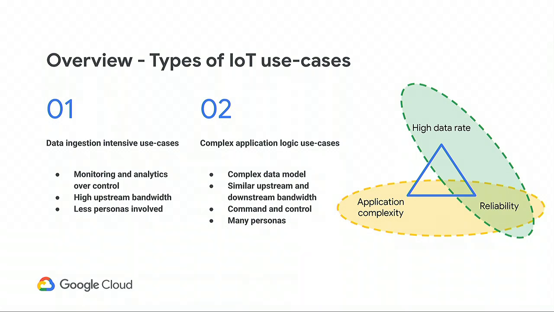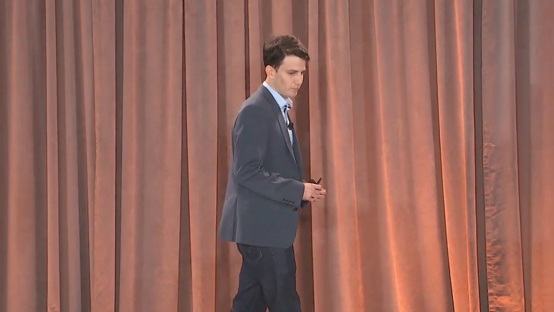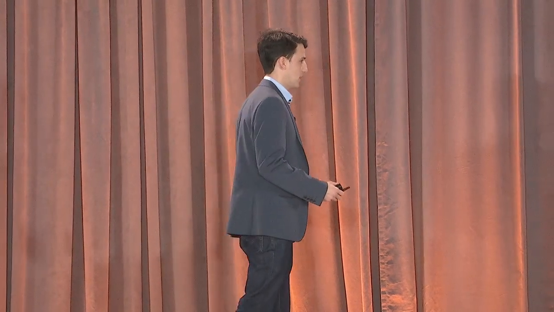On the other hand, the other type of application we usually see when working with customers, we like to call complex application logic use cases. In these use cases or applications, the data model is usually more complex. There is a similar need in terms of bandwidth requirement upstream and downstream.